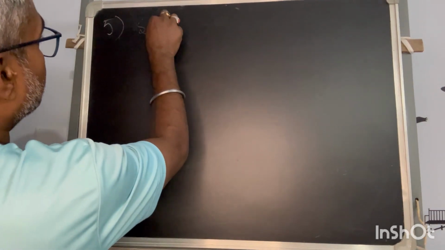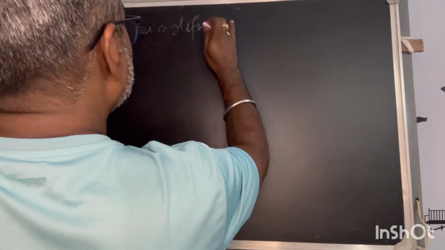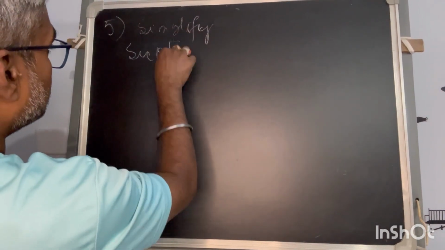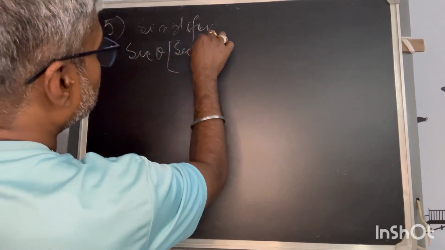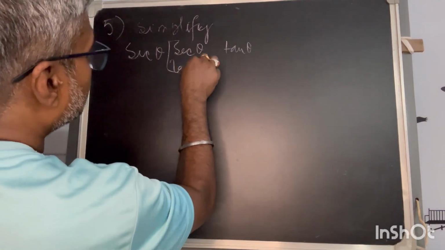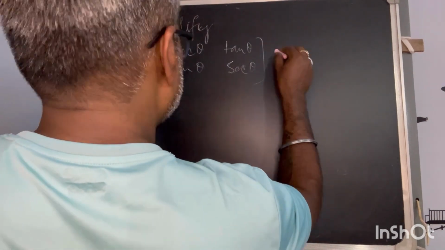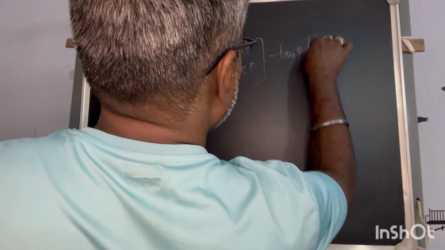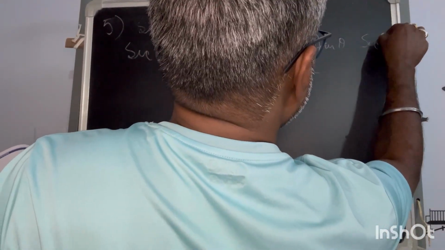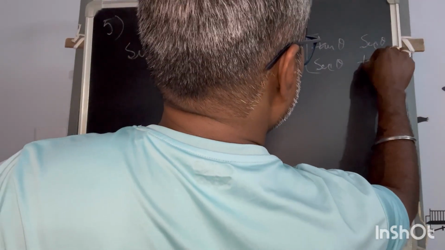Now you have to simplify. It is written sec theta, tan theta, sec theta, close, minus tan theta, sec theta, tan theta.